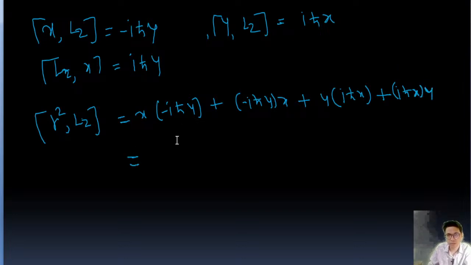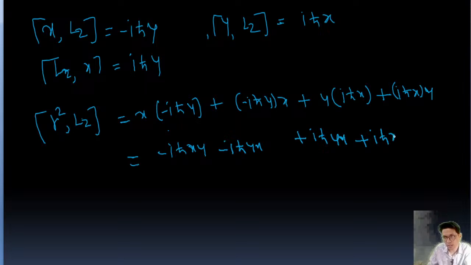So this is minus iota h cut xy plus this is also minus iota h cut yx. This is iota h cut yx. This is plus iota h cut xy. This will cancel this. This will cancel this, right? This value is going to be 0.